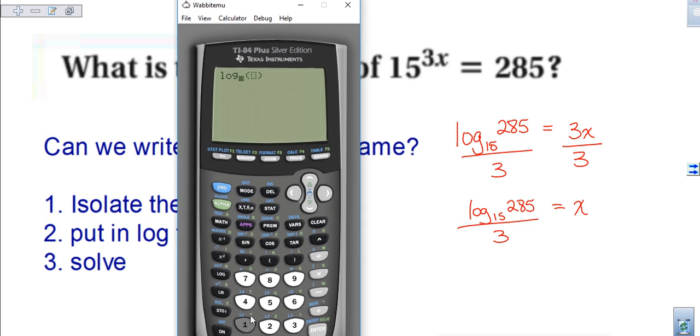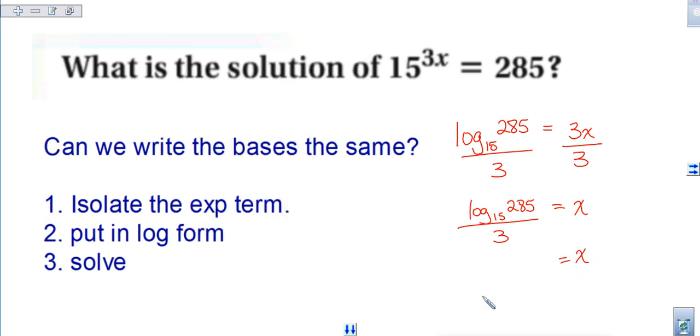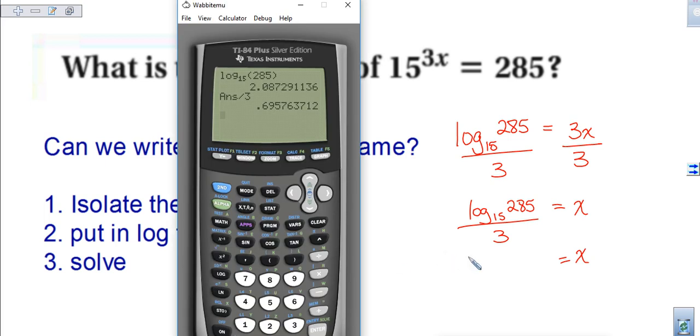And so I've already got it loaded. So you get that, and then you're going to divide by 3, and your x will equal 0.69576.